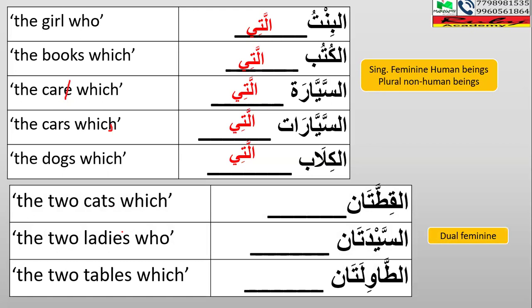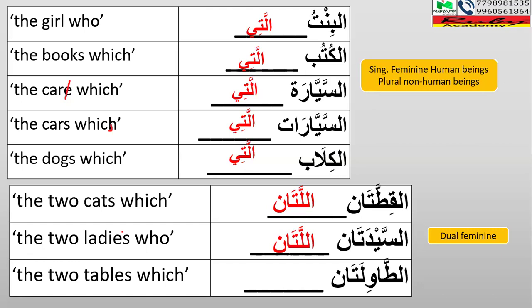Now this is the dual feminine. Al-qittatani, the two cats, allatani. As-sayyidatani, the two ladies, allatani.